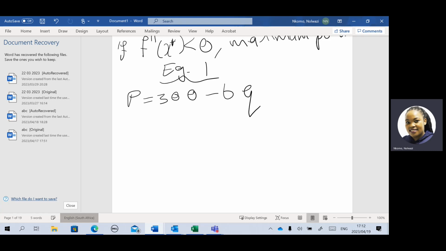This is our demand function. Here, P represents the price per unit and Q represents the number of units produced and sold.